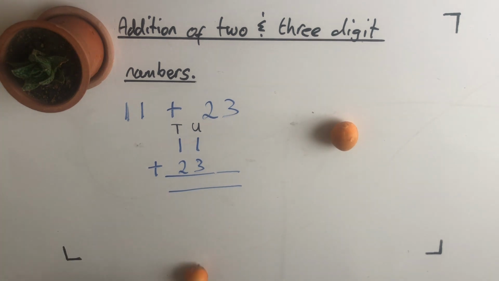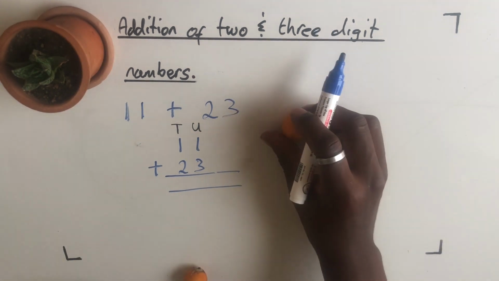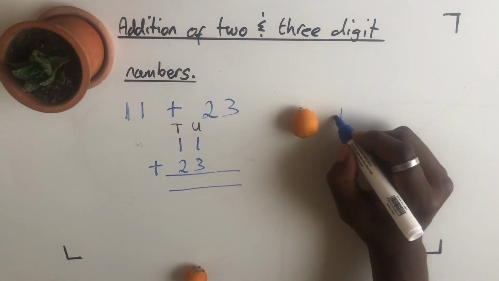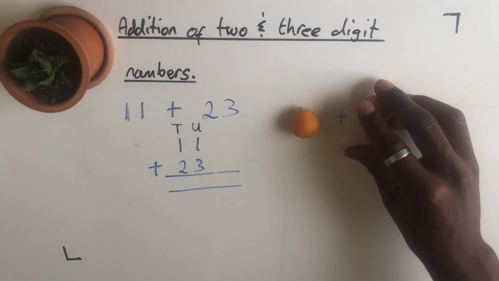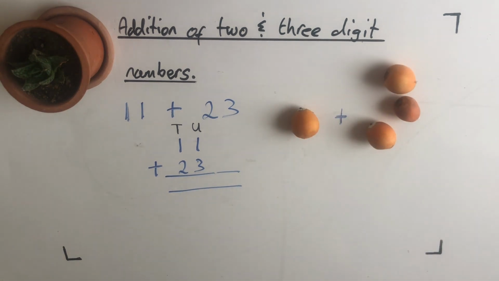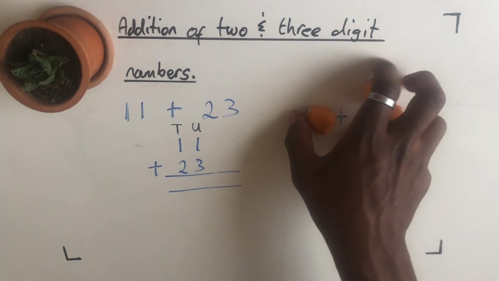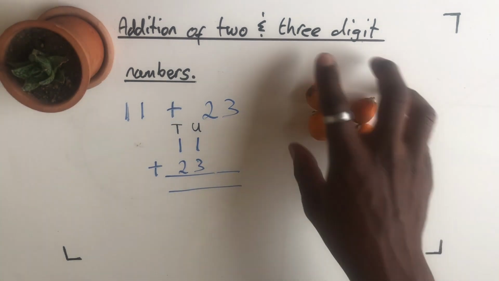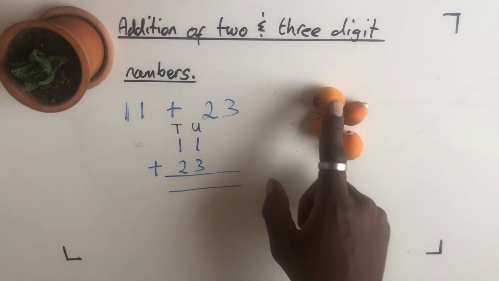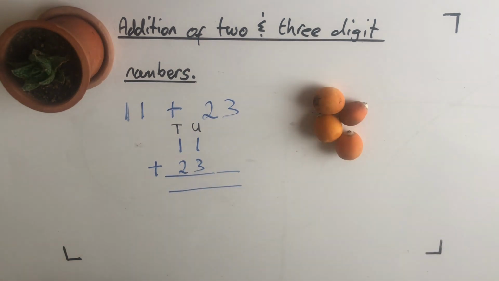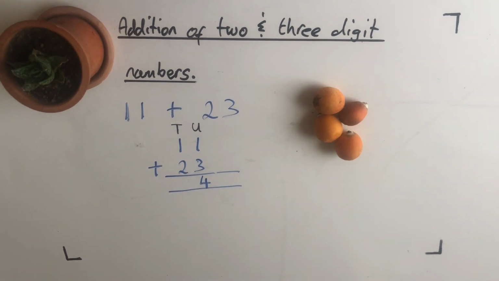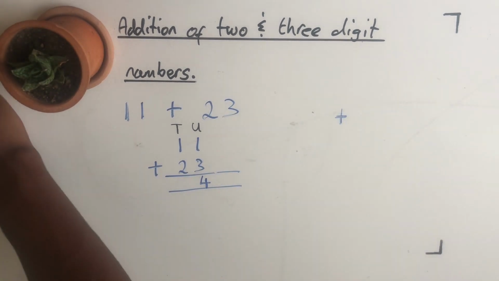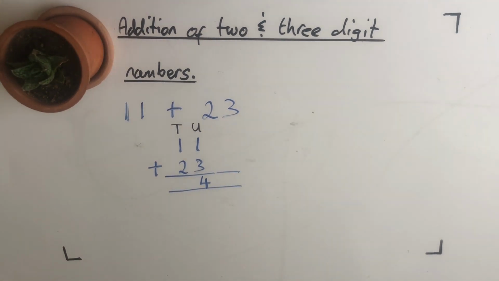So 1 unit plus 3 units, if I put them together like so, that gives me 1, 2, 3, 4. So there are 4 units in the answer there.